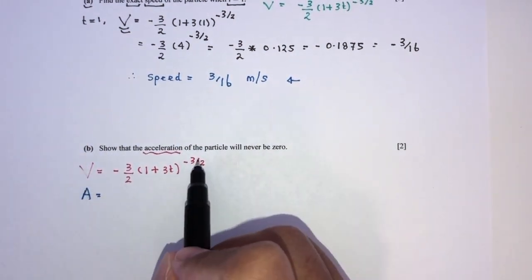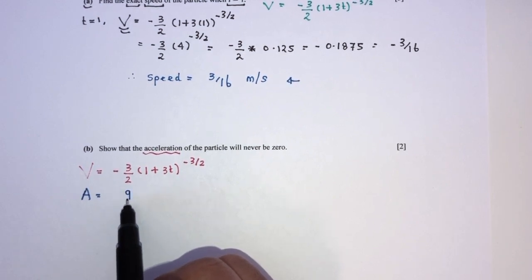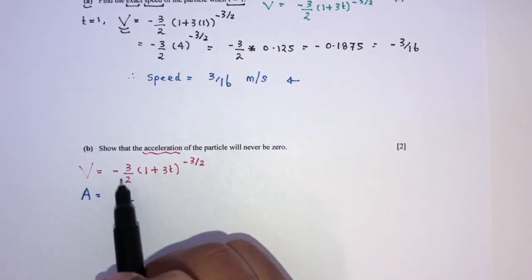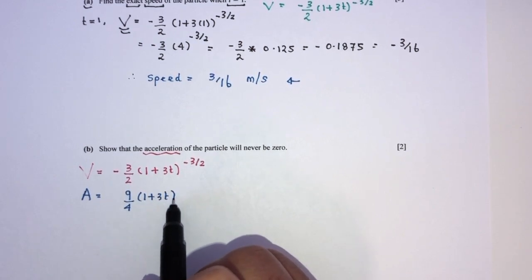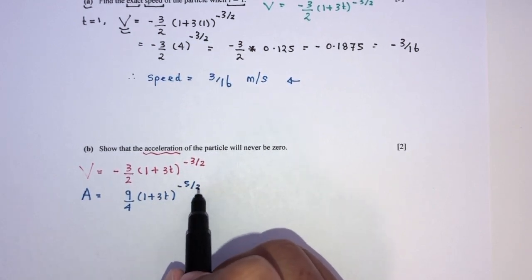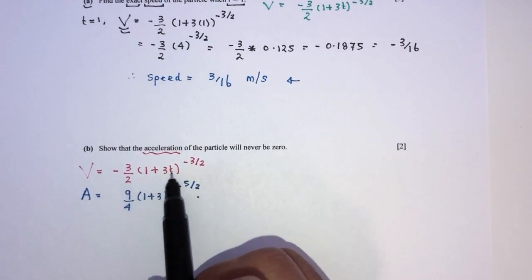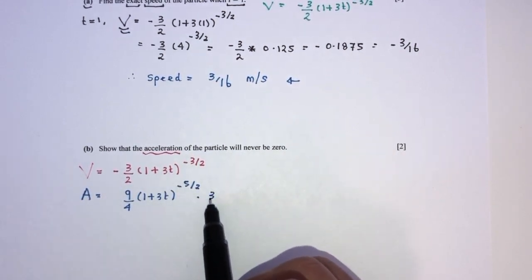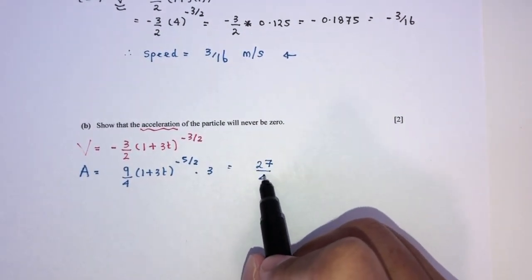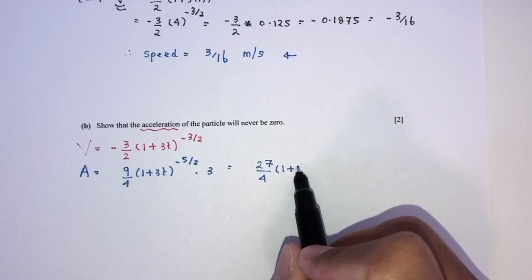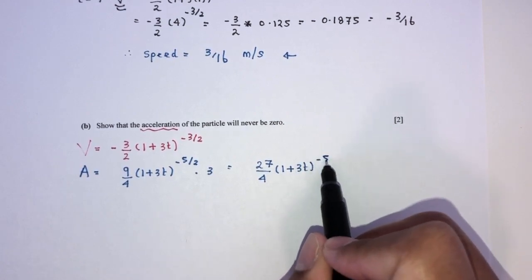First multiply by the power, that will become 9 over 4. Then minus 1 to the power, that becomes minus 5 over 2, and then multiply by d by dt of the value inside, you will have 3. So that will become 27 over 4, (1 plus 3t) to the power of minus 5 over 2.